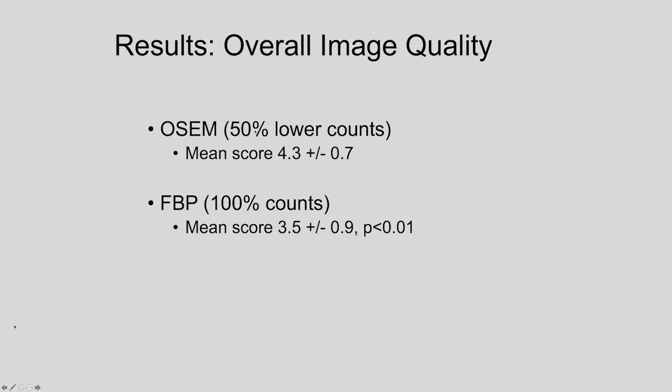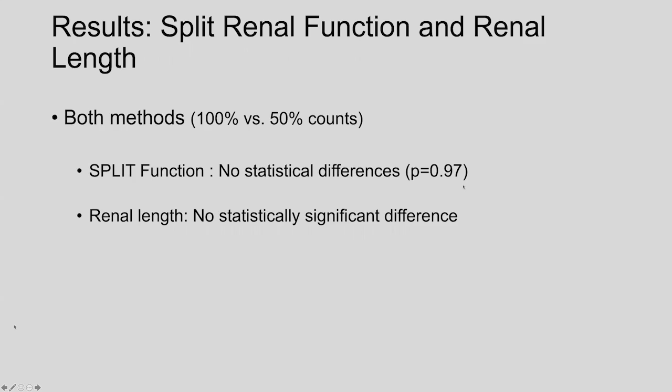In one study, we showed clearly that you can inject half of the activity compared to filter back projection with 100% counts, and the image quality was better with OSEM 3D. In both cases, the split renal function was comparable. There was no difference between filter back projection and OSEM 3D, and the same happened with renal length and split function.